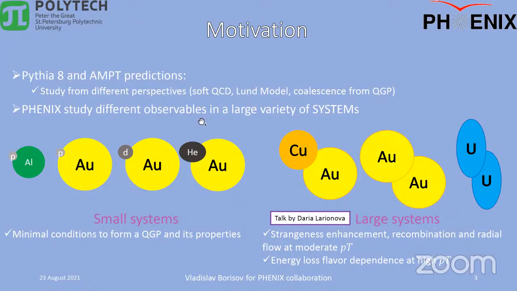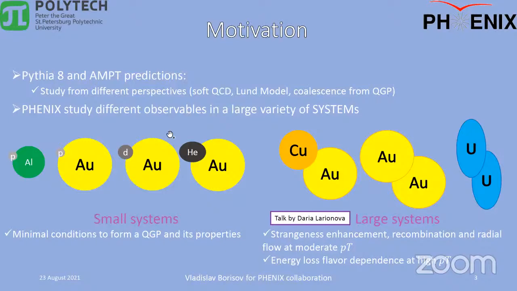The results will be compared to PYTHIA8 and AMPT predictions to study strange meson production from different perspectives, like soft QCD, the Lund model, and coalescence from quark-gluon plasma.